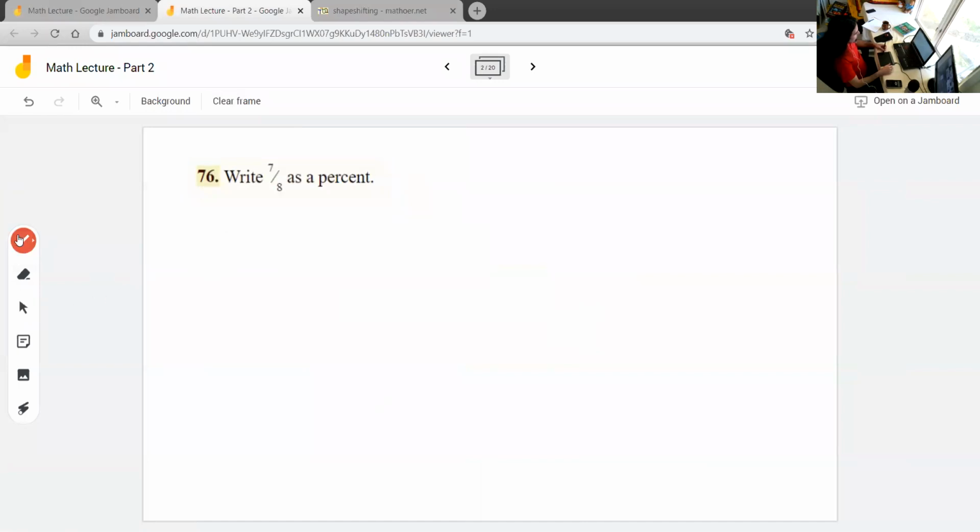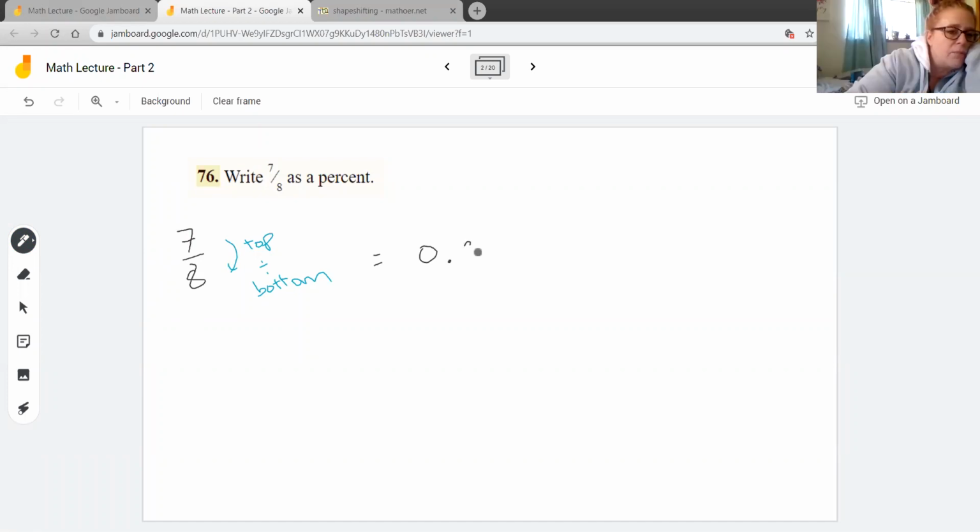Okay, so this is actually fun and easy. So 7/8, do top divided by bottom. What do we get? .875.